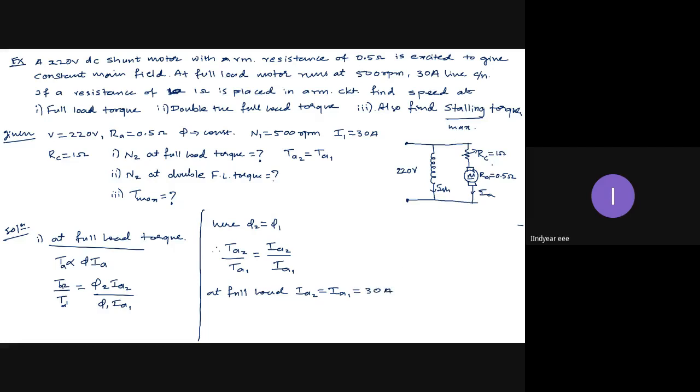Even though I have inserted a 1 ohm resistance, the current drawn is adjusted to the same value of 30 amperes only. But the speed will change. The speed will not remain the same, because I have inserted a resistance in series. So EB has to change, therefore speed has to change. Though the armature current is remaining constant, the speed will change because EB will change. So that is important here.